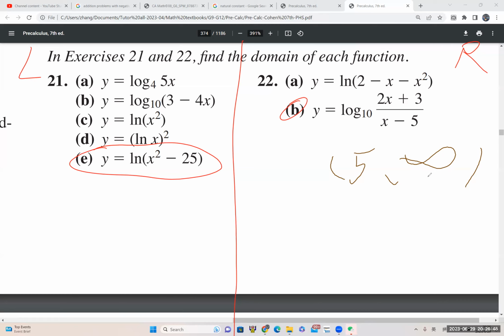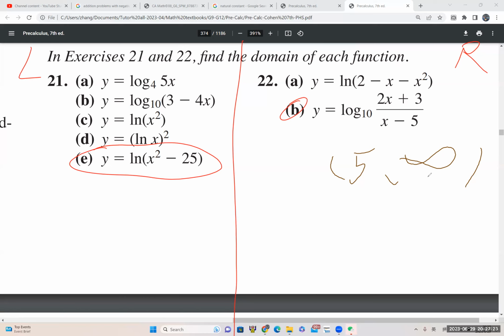except this interval. You done? I don't know. Maybe. Let me check. I don't really know how to do it. You don't need to guess. The only thing we require is that the input of the log should be greater than 0. So this one, maybe.